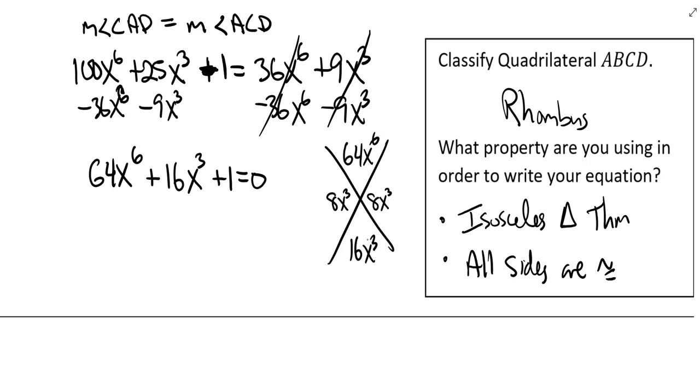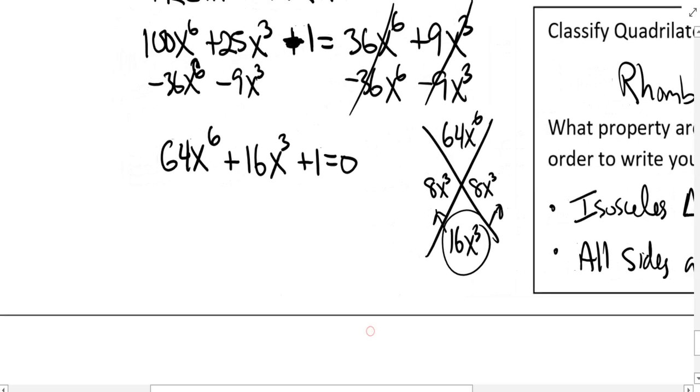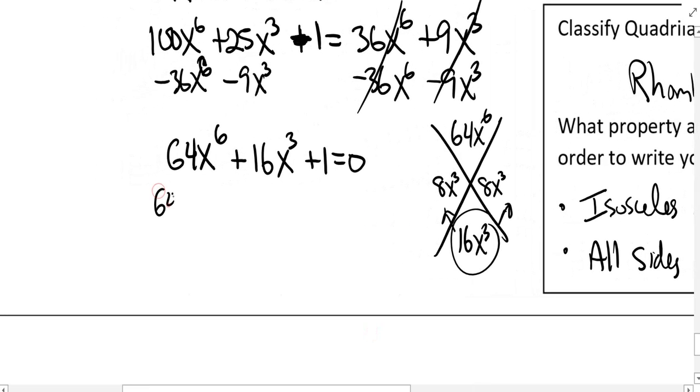So I'm going to split up my 16x to the third into 8x to the third plus 8x to the third. And I get 64x to the 6 plus 8x to the third plus 8x to the third plus 1 equals 0. Factor by grouping. Factor out an 8x to the third.